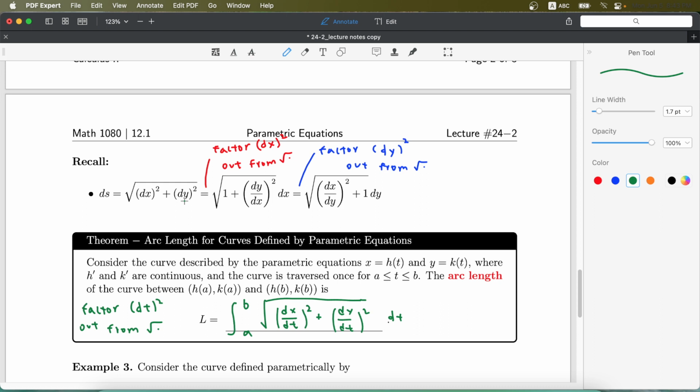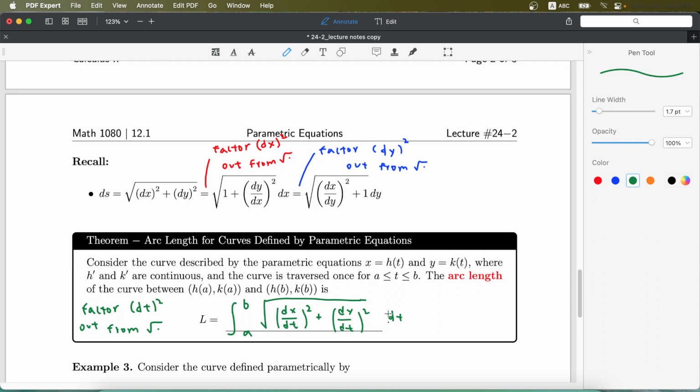I'm not saying integrate this quantity, integrate this idea, then you should be able to memorize this because they all come from the same expression. The difference is that I can factor dx squared out, dy squared out, or dt squared out. It really depends on whether you want to integrate with respect to x, with respect to y, or with respect to t.